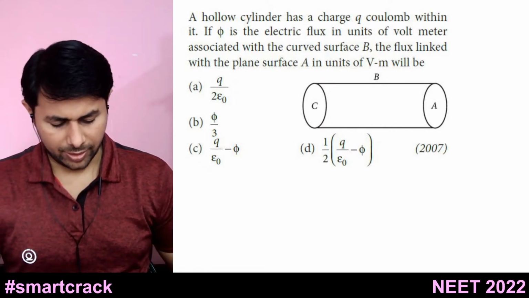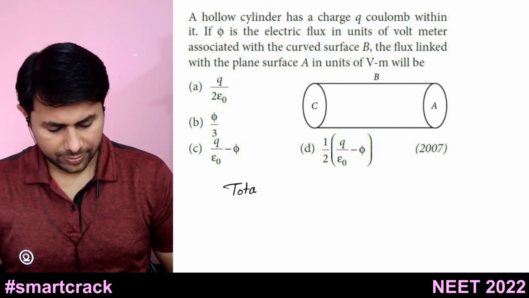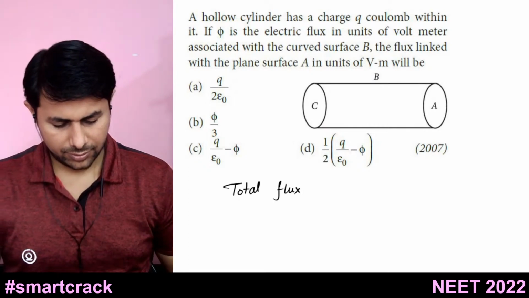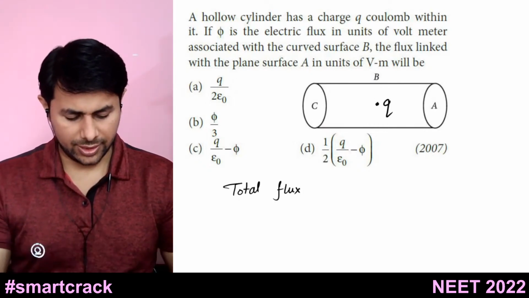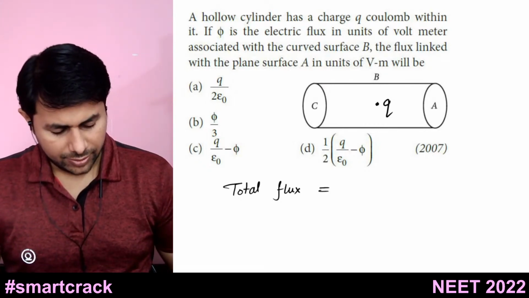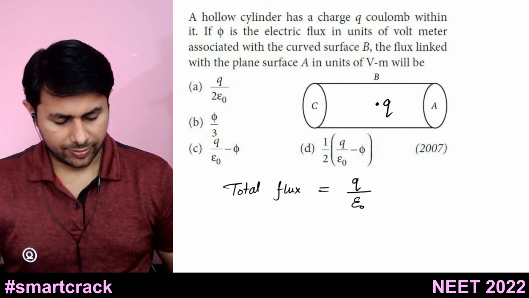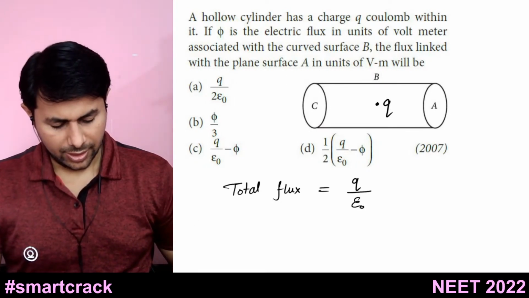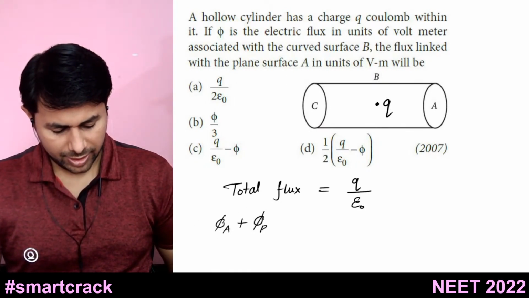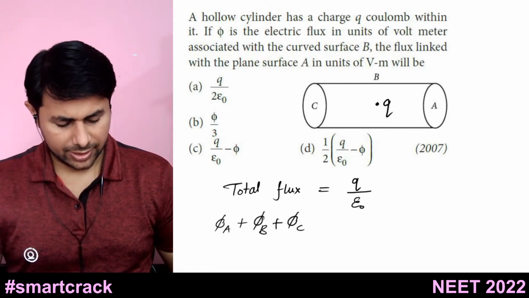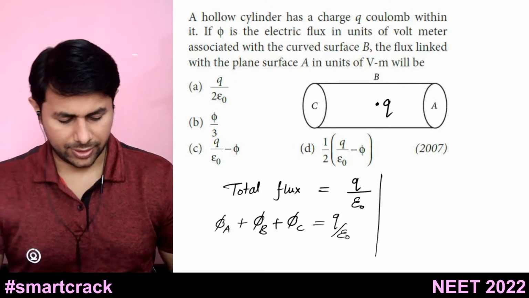So how much will be total flux? Total flux due to a charge which is kept inside this cylinder is equal to q upon epsilon naught. So how much is total flux? It is flux through surface A plus flux through surface B plus flux through surface C. It is q upon epsilon naught.